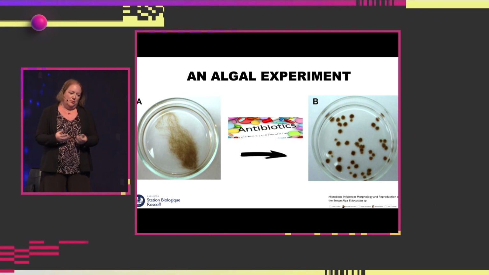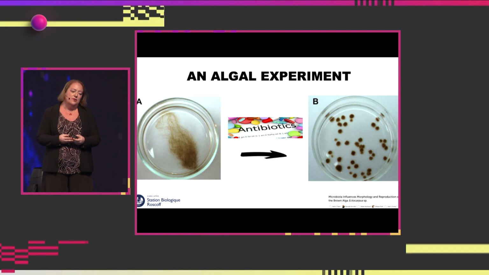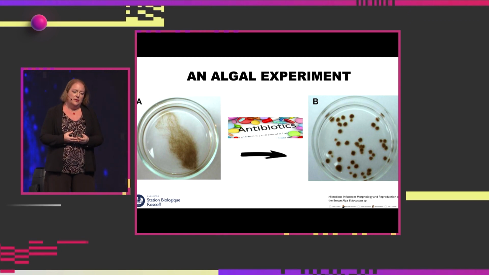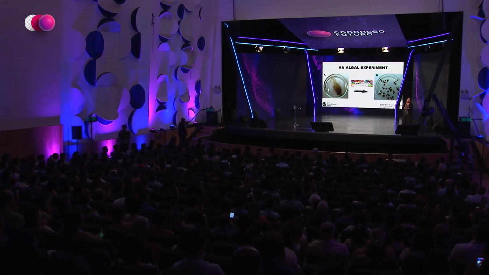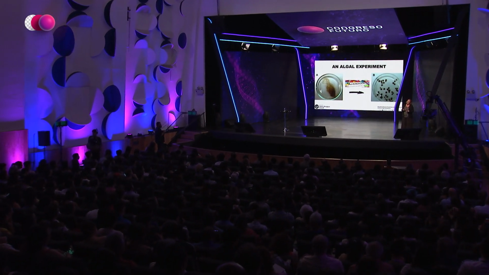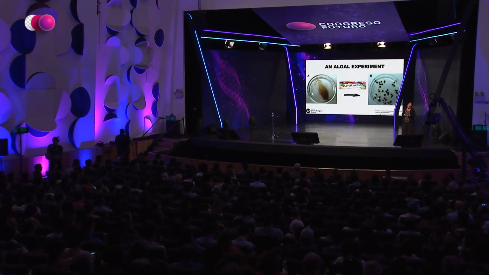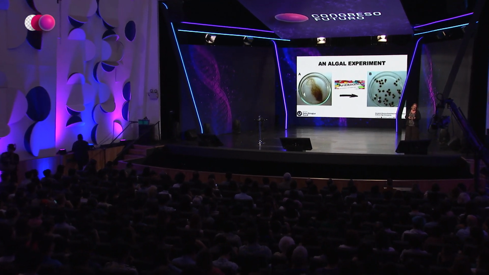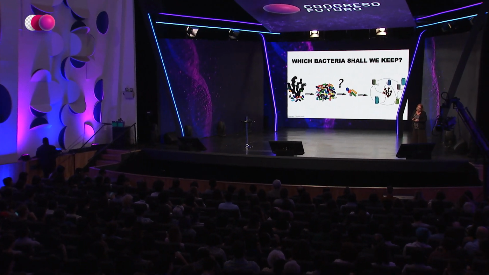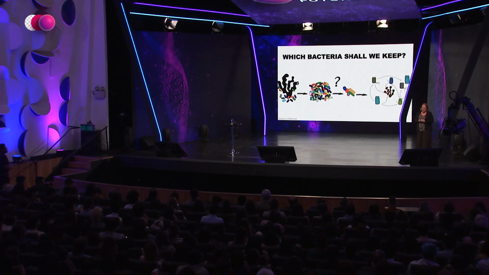Okay? But if we want to move forward this discovery in biology process, then we need to make experiments in order to figure out what are those bacteria which were killed and which were important for the algae. And so here we are puzzled, because you can imagine that you have hundreds of bacteria which are living in symbiosis with the algae.